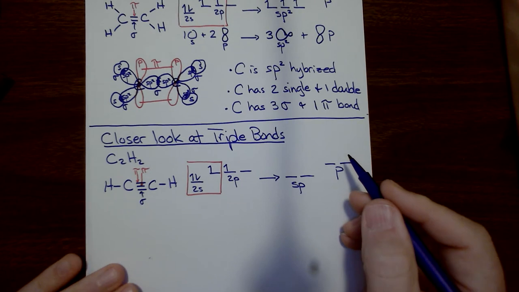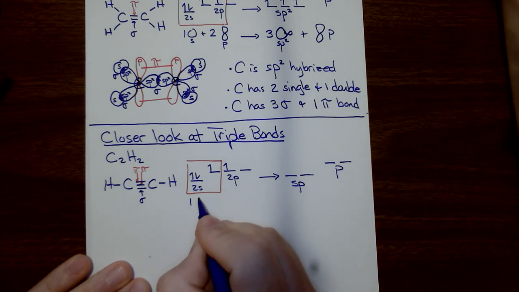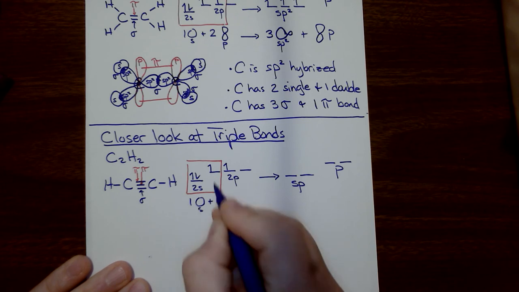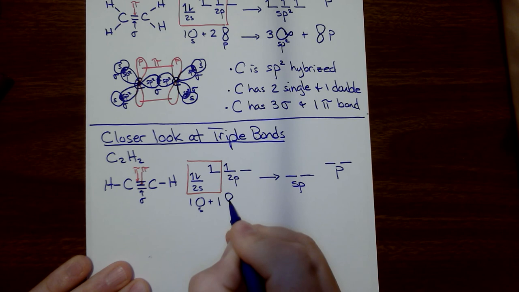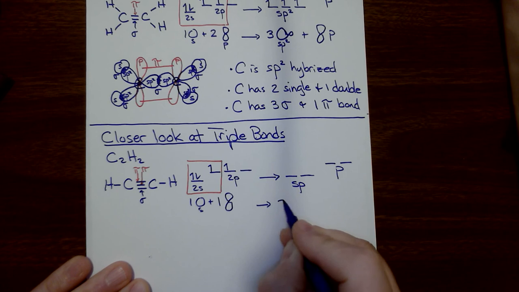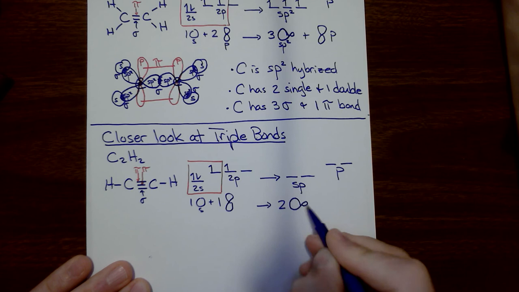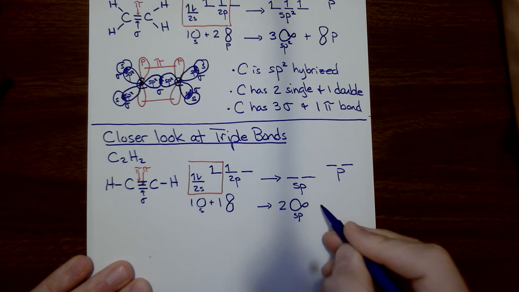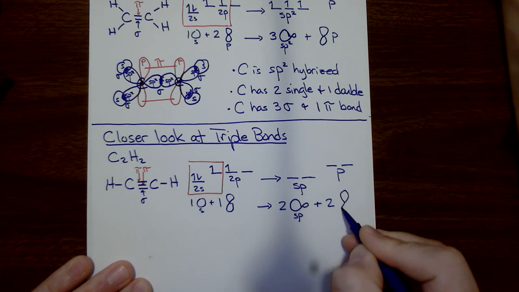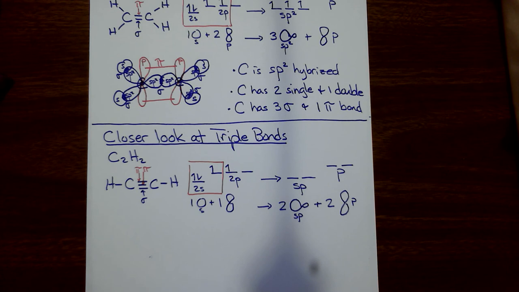So we have 1 s orbital, and then we're going to add to that just 1 p orbital, and when it hybridizes, we get 2 of the hybridized sp orbitals, and then we still have 2 of the p orbitals to work with.